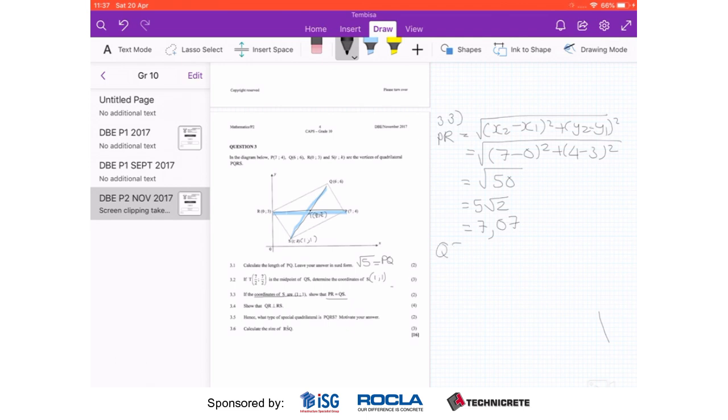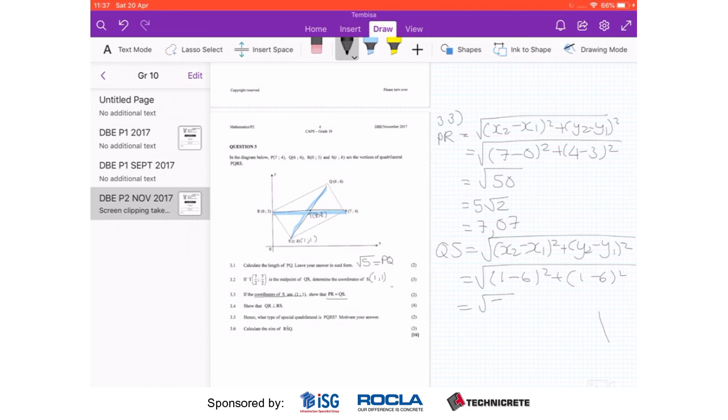Let's next do the other one, QS. The square root of (x2 minus x1) squared plus (y2 minus y1) squared. We've got (1 minus 6) squared plus (1 minus 6) squared, which is going to be 5 and 5.